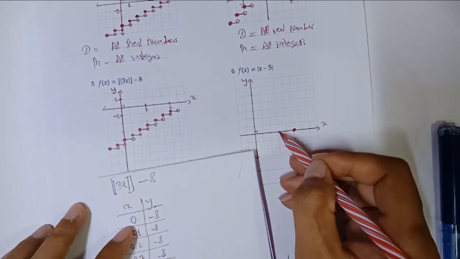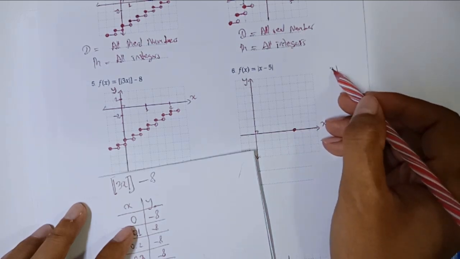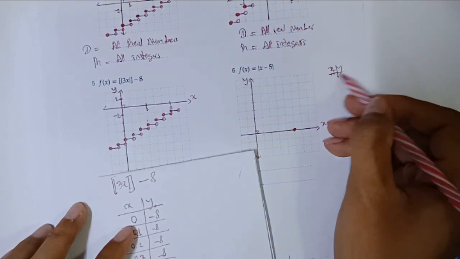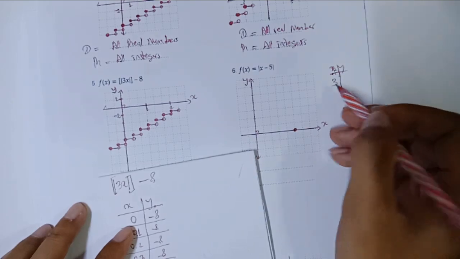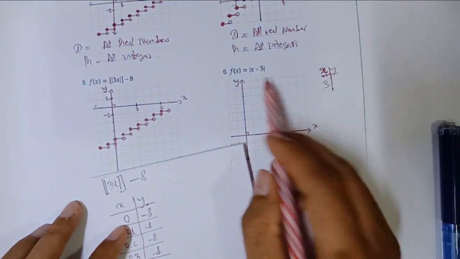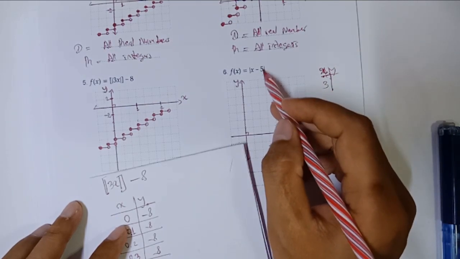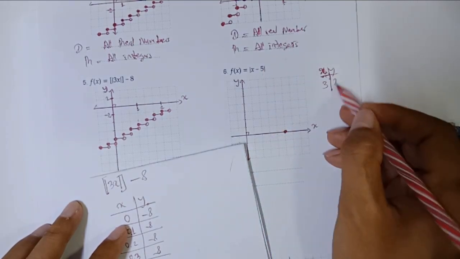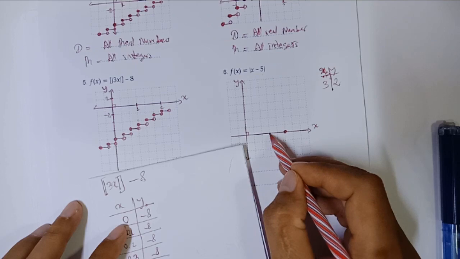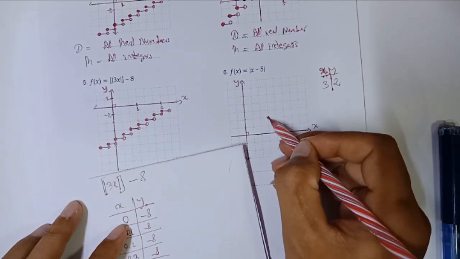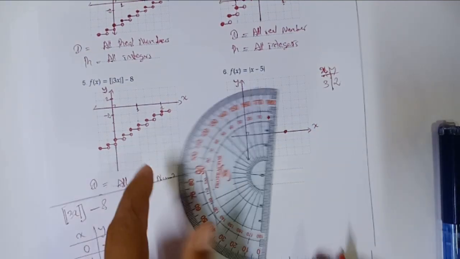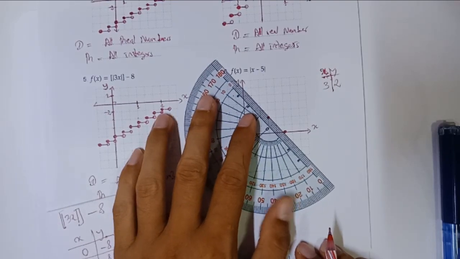When x is 3, 3 minus 5 is minus 2. Minus 2 within absolute value function becomes 2. So 3, 2. That's one side of the V shape.